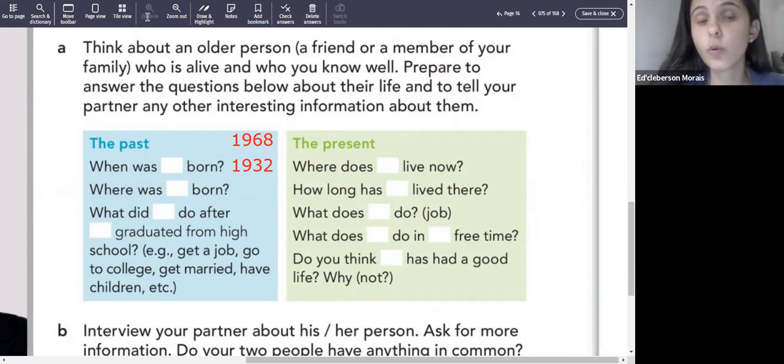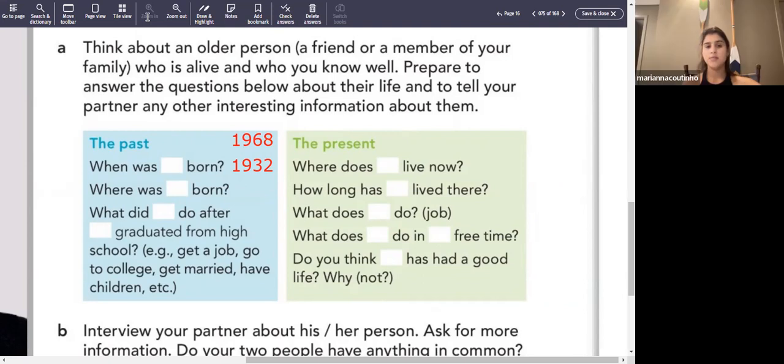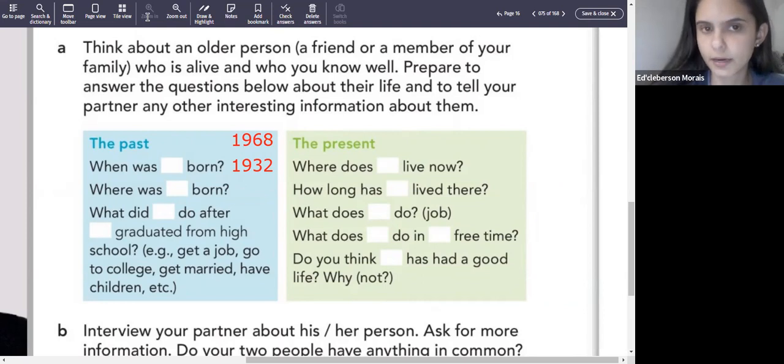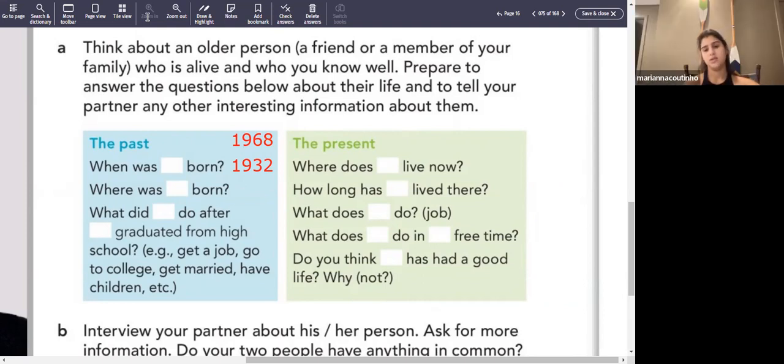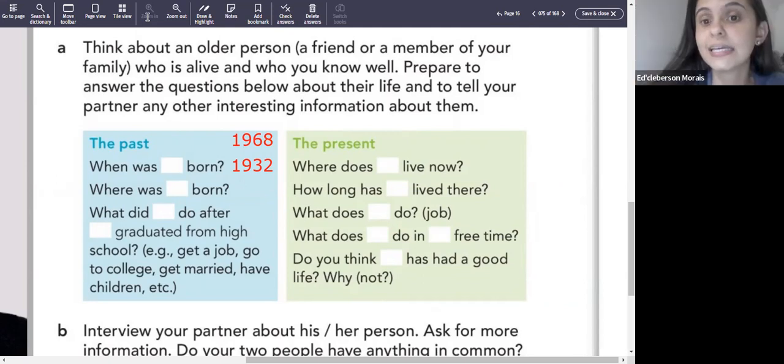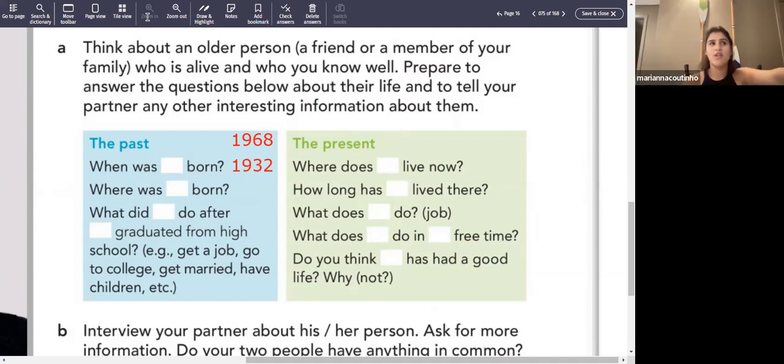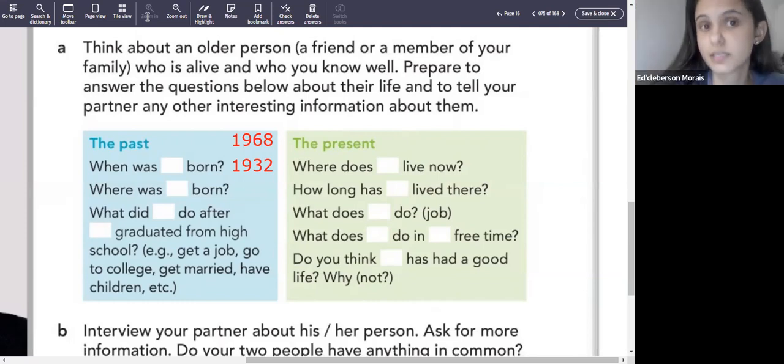What about the present? Where does he live now? He lives in Bahia. Okay, he's still living in Bahia, right? Yeah. And how long has he lived there? His whole life. Very good. And what does he do?